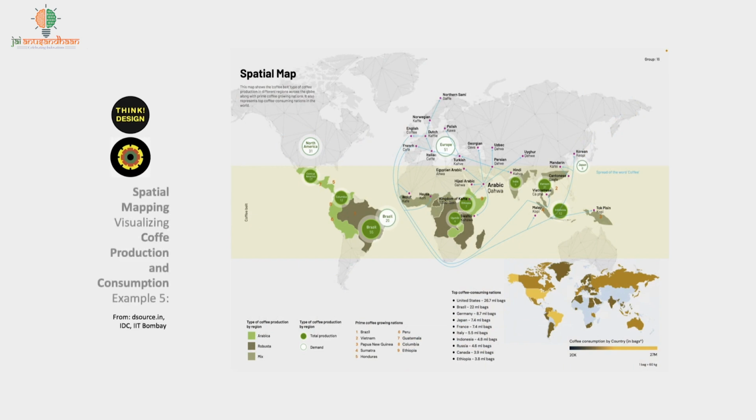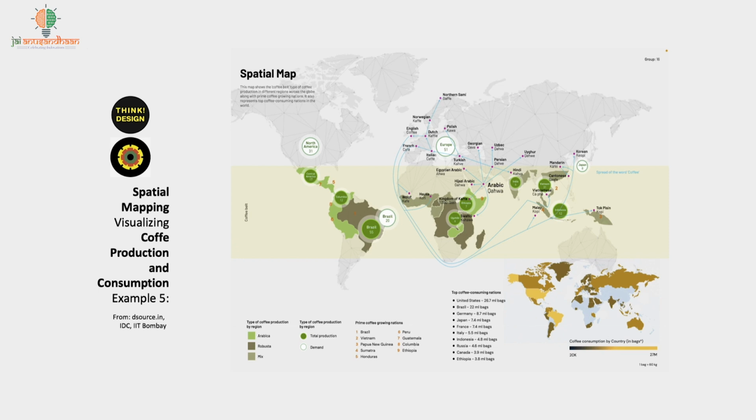This is a spatial map of coffee production and consumption. If you look at the bigger map in the center, you can see the coffee production countries, and it's in the tropical region, and you can see that it goes all the way from South America to Central Africa to India to parts of Southeast Asia.